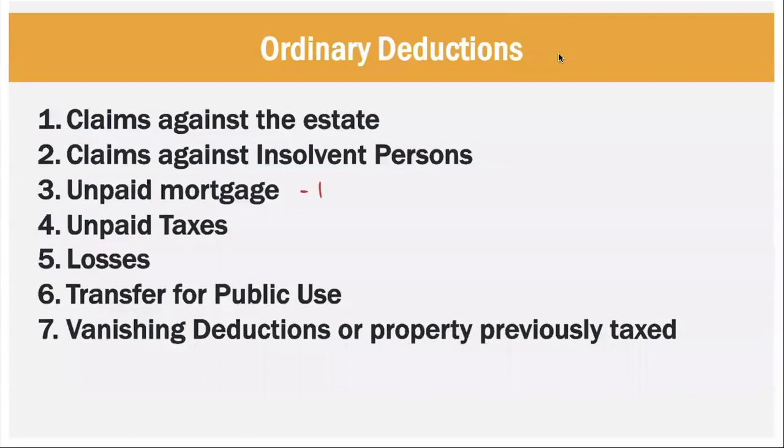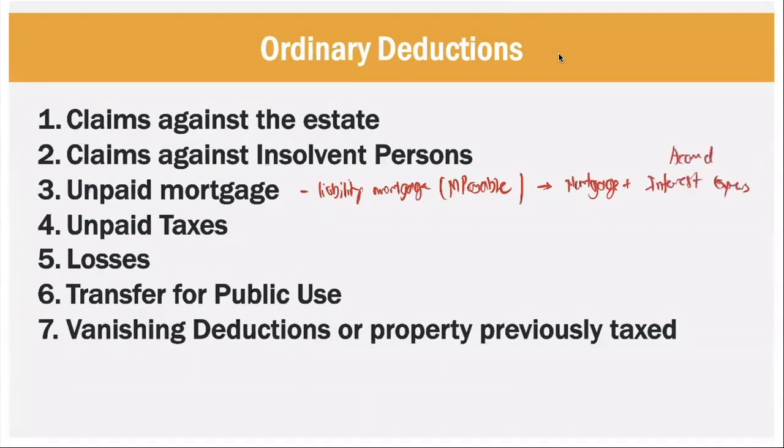But if the liability is due to a particular mortgage, so these are your mortgage payable, then you place it under unpaid mortgage. For unpaid mortgage, you include here the mortgage including accrued interest expense, your liability out of your mortgage payable plus any accrued interest expense out of that mortgage payable.